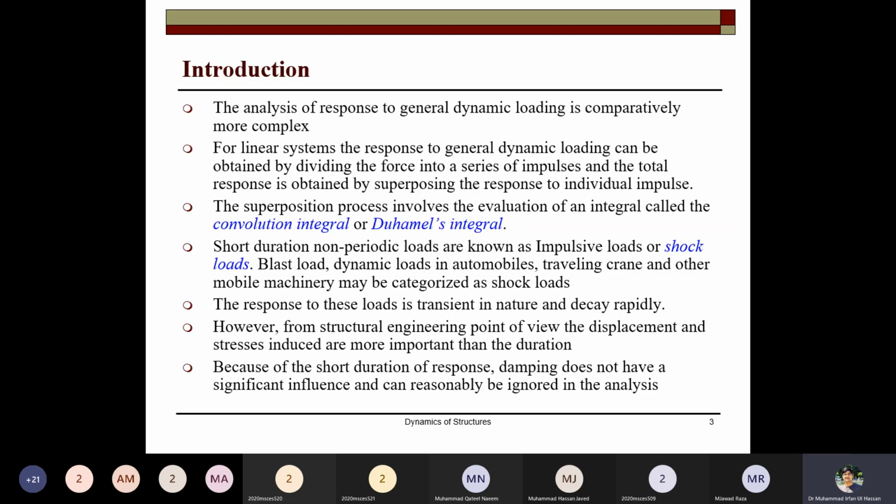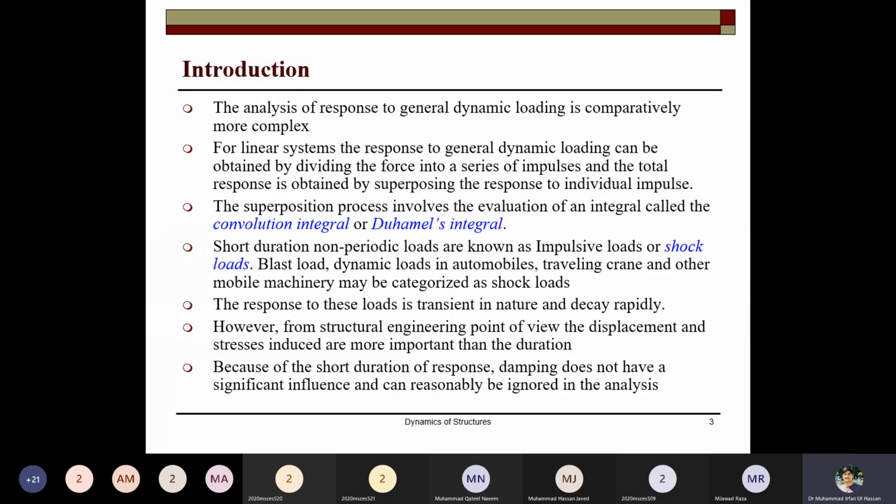So an integral is formed. This integral that is formed by superposition is called the convolution integral, or the famous Duhamel integral we also call it. So this Duhamel integral will be used to solve the superposition problem for response to the general dynamic loading.